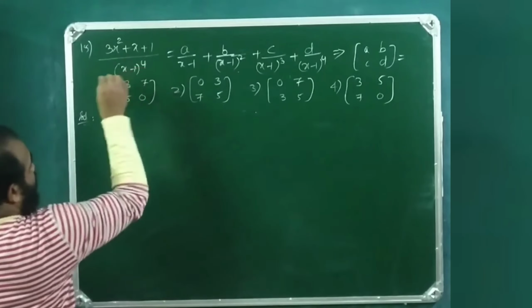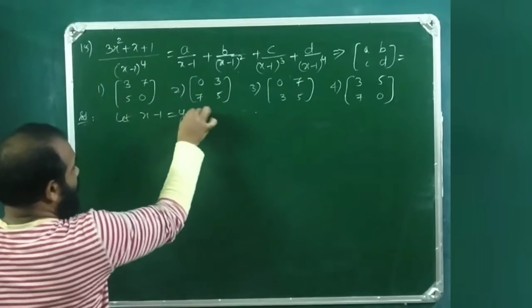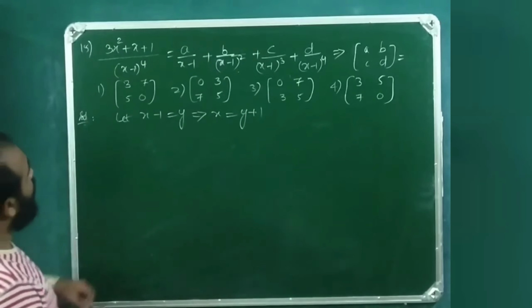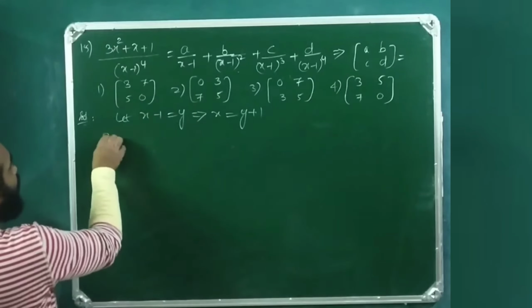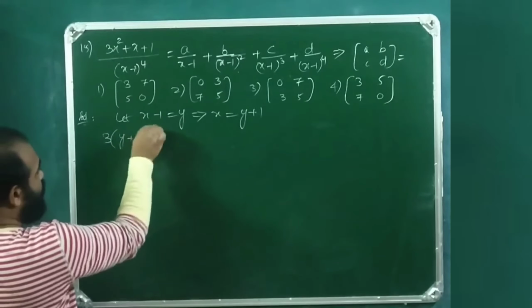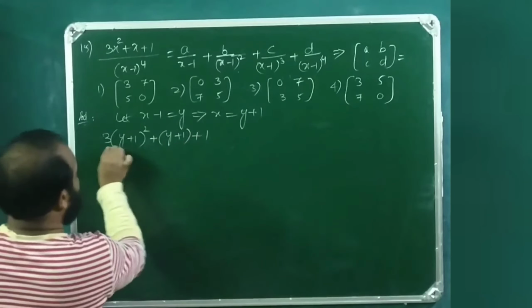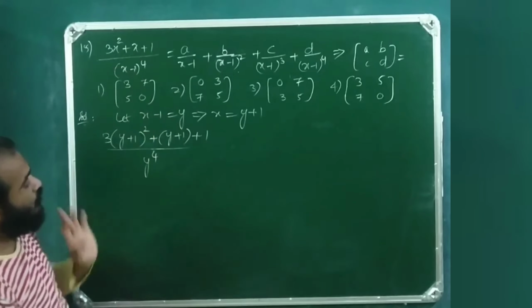So the shortcut here is let x minus 1 equal to y, so x is equal to y plus 1. So substitute y plus 1 in place of x. Then we'll get (y plus 1) whole square plus y plus 1 plus 1, by y power 4. x minus 1 is y.